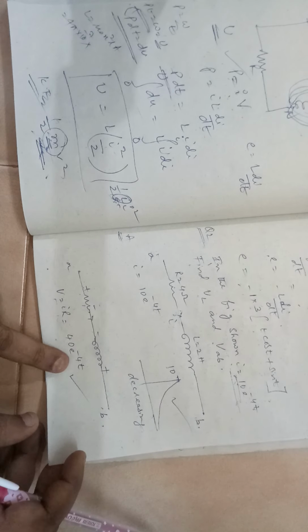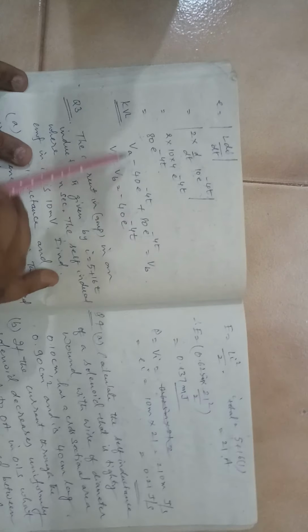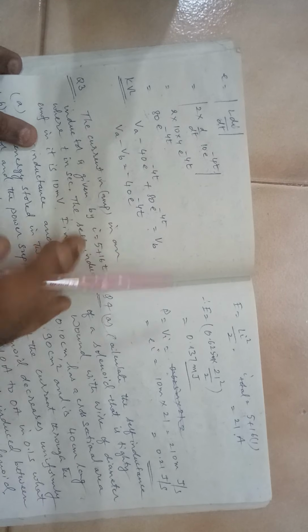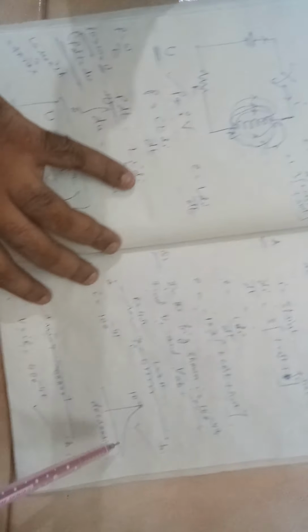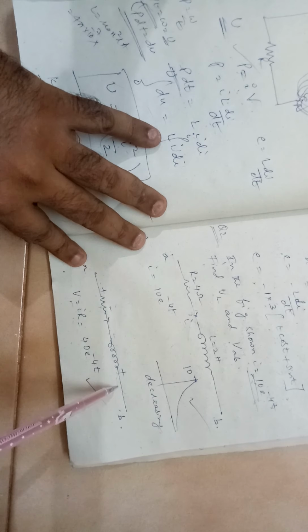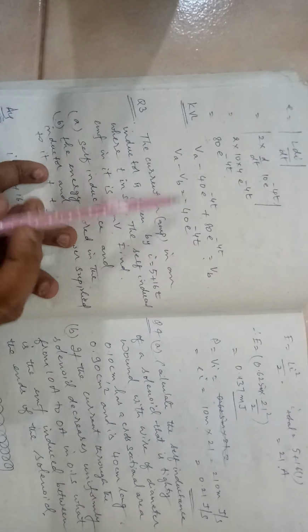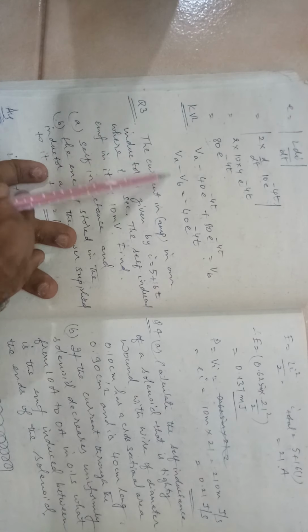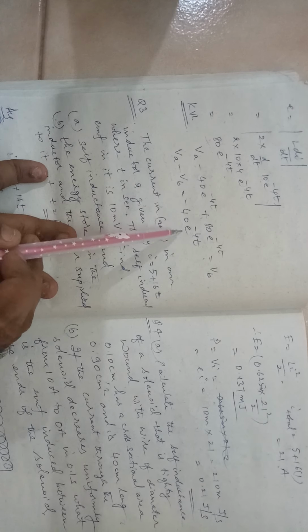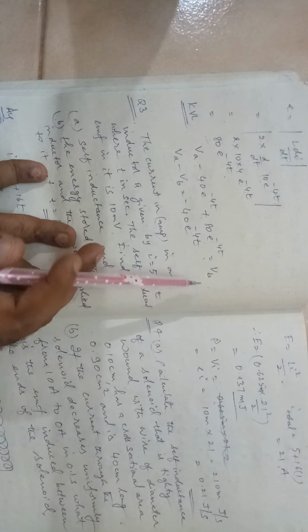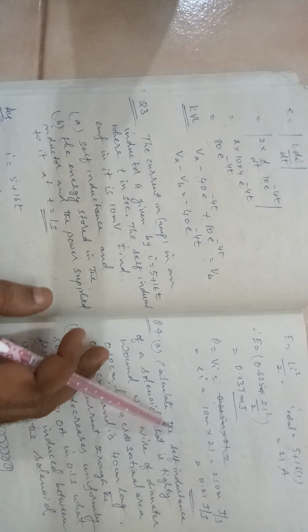The drop is this voltage, 40 e power minus 4t, and the rise will be 80 e power minus 4t, is equal to, it's an open loop, nothing is there, so it is equal to VB. So the answer will be VA minus VB, potential difference, equal to minus 40 e power minus 4t. Minus indicates there is a potential drop.